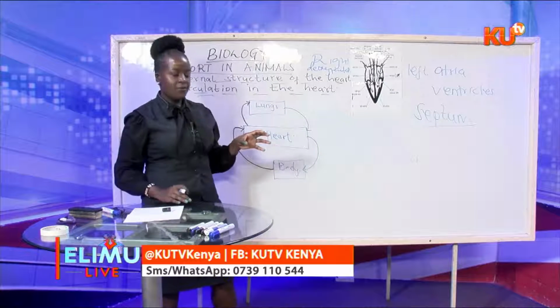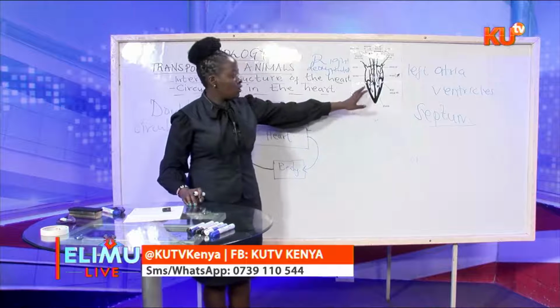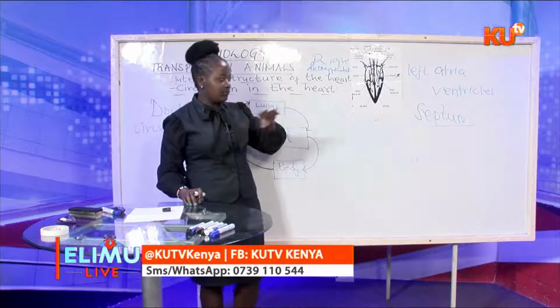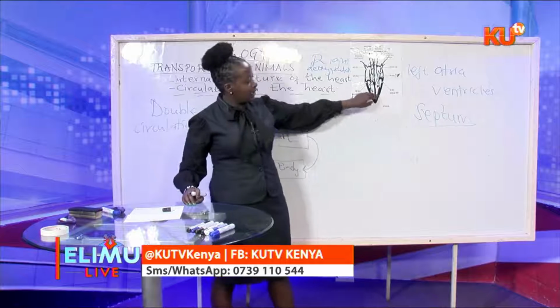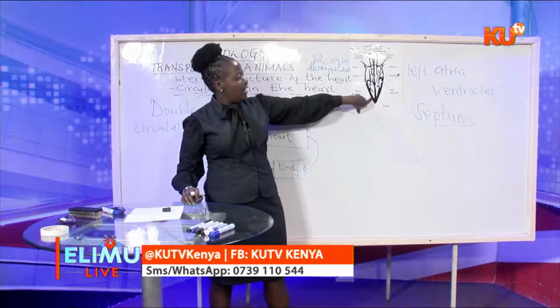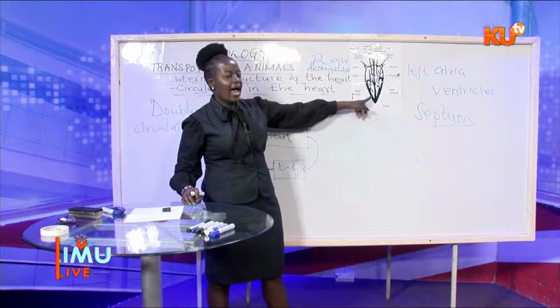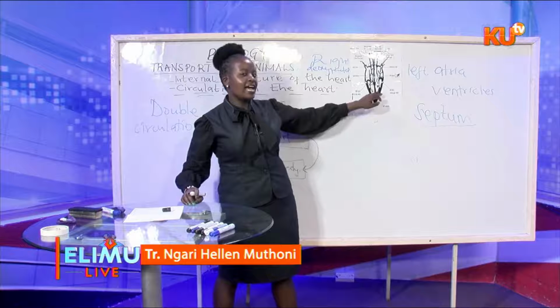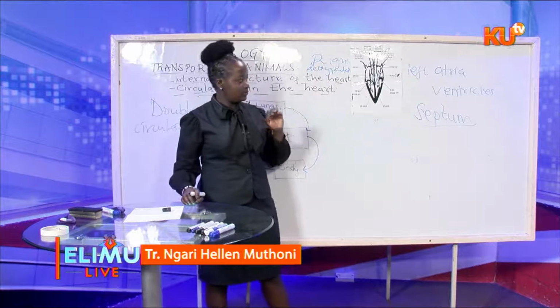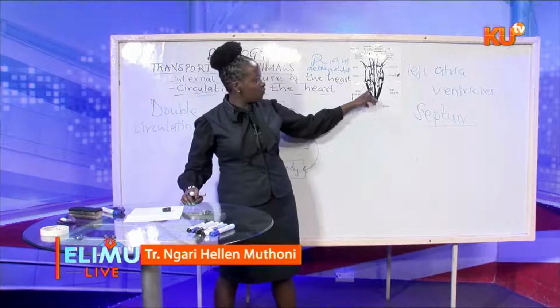I want us to be very keen on looking at the walls of the right ventricle and the left ventricle. As you can see, the right ventricle has thin walls, while the left ventricle has thick walls. And be very careful, observe that.